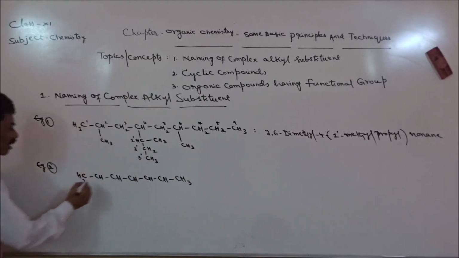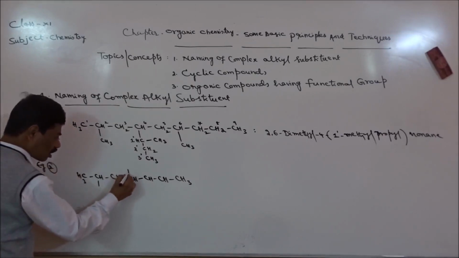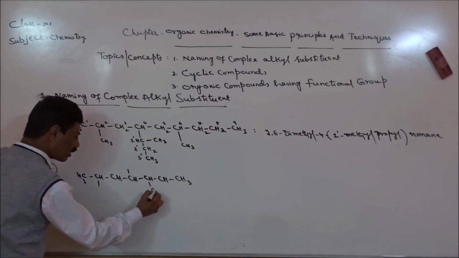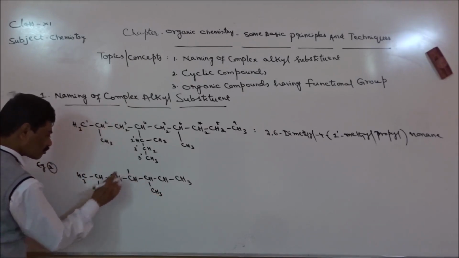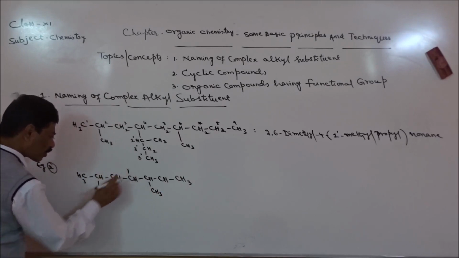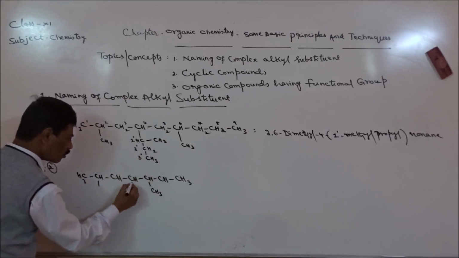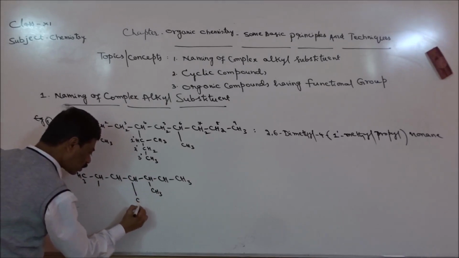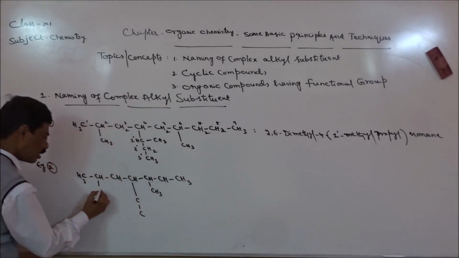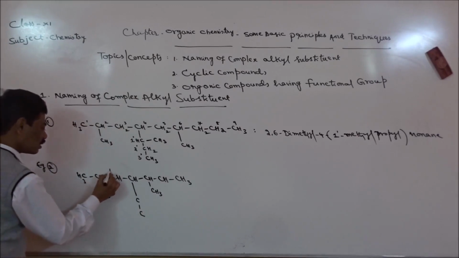Now to the second carbon atom, right? Fourth carbon atom and fifth carbon atom, I am adding a methyl group, and yeah. Here what I will do is, it is lengthy, so let me show this down and here, 2 carbon atoms, and here methyl, and here methyl.